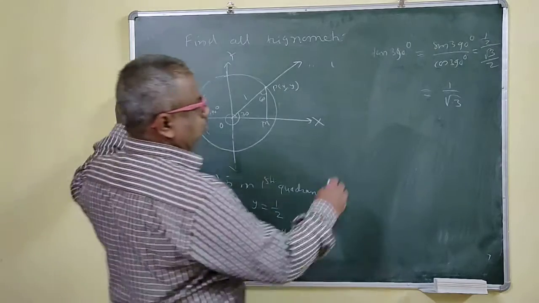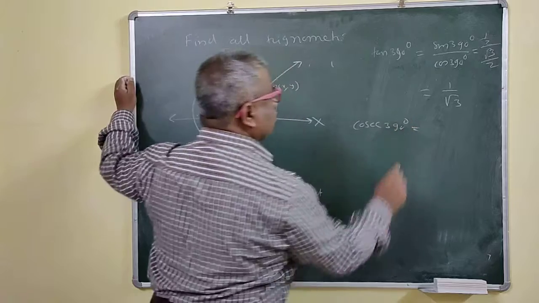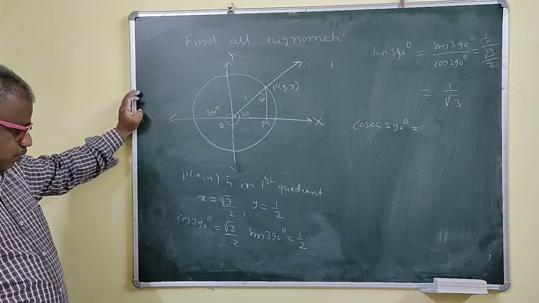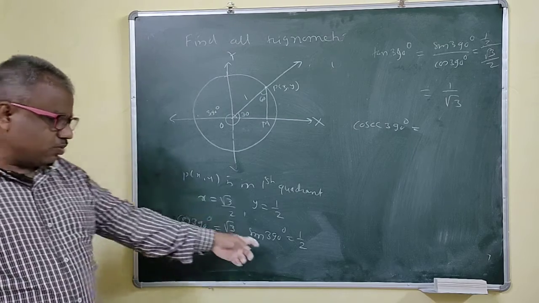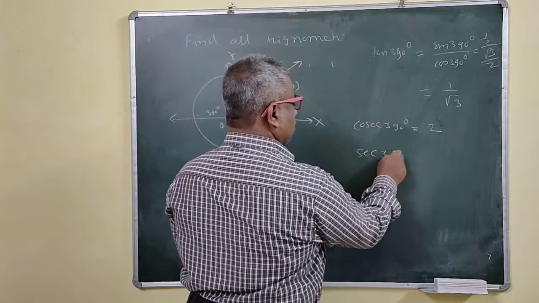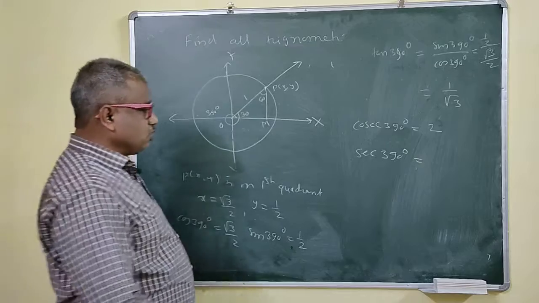Now cosec 390 degree is just the reciprocal of sine. Reciprocal of sine is 2. Then sec 390 degree is the reciprocal of cos, which is 2 by root 3.